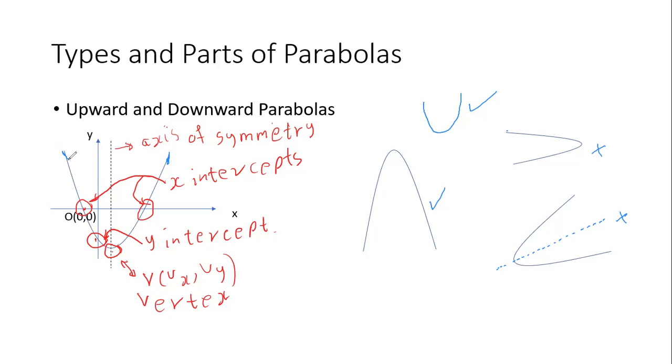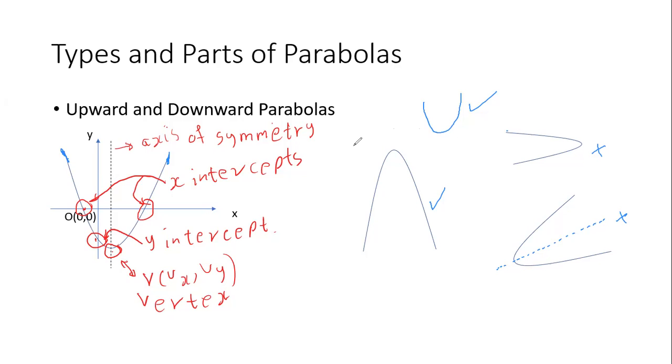Now let's see its parts. In this diagram, we see the x and y axes. As you know, where this graph intersects the x-axis, they are called x-intercepts. You see it intersects the x-axis at two different points here, but it is not necessary.